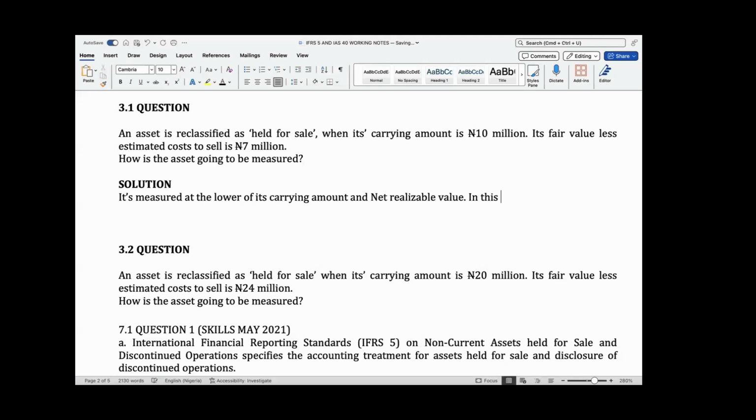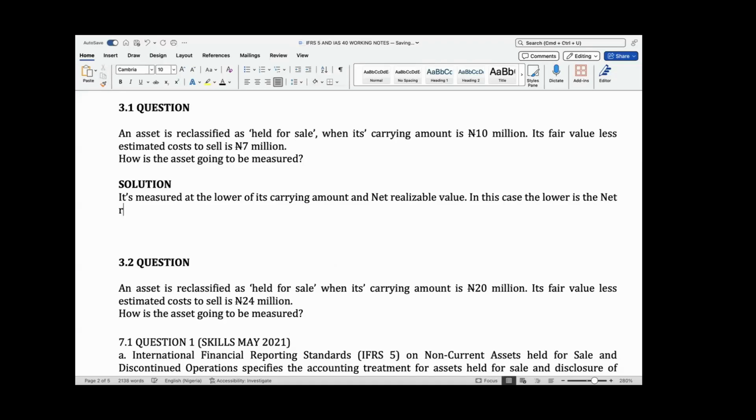In this case, the lower is what? Is the net realizable value of how much? Of 7 million.